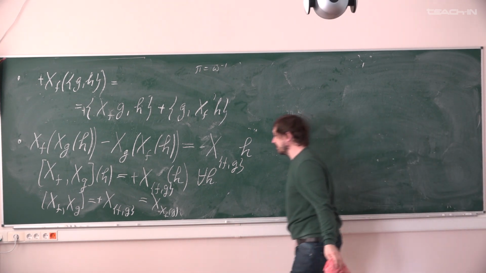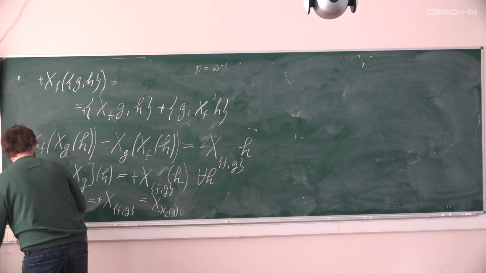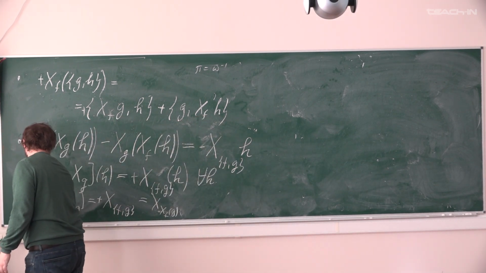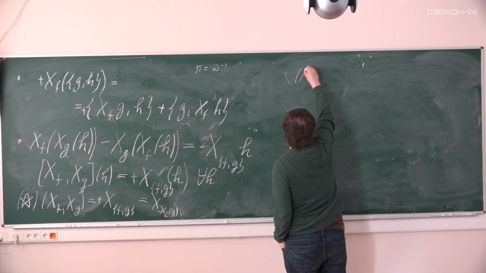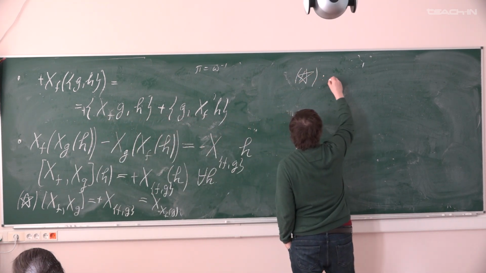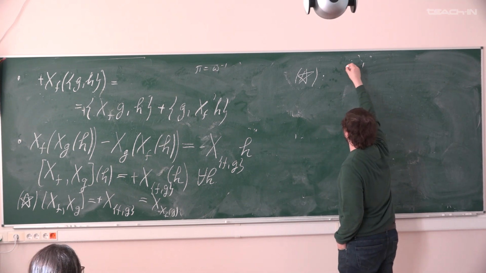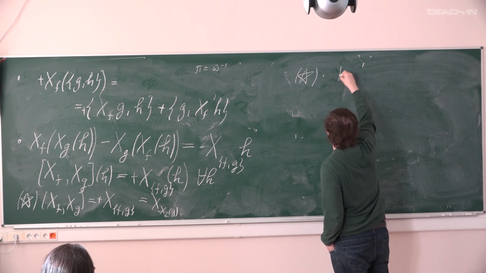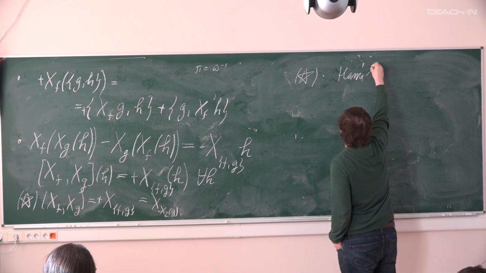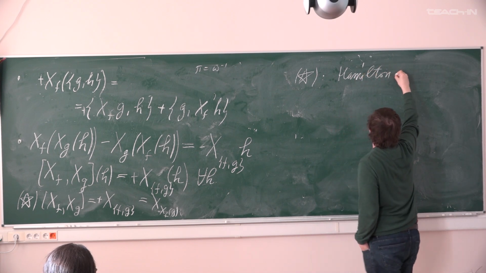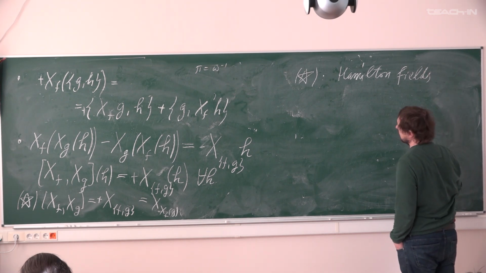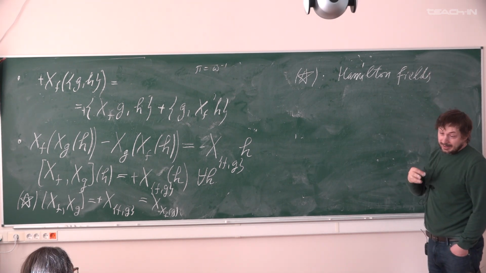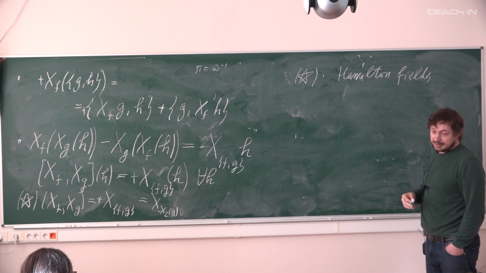The last identity, which I denote with a star, claims that Hamilton vector fields constitute a Lie subalgebra in the Lie algebra of vector fields on a symplectic manifold.